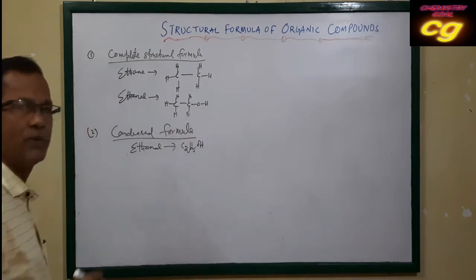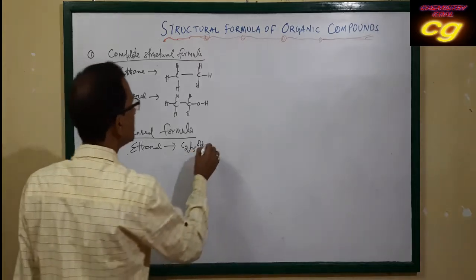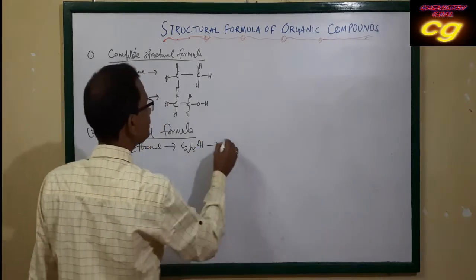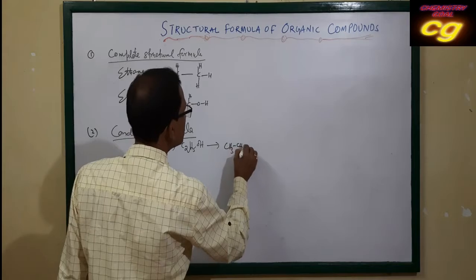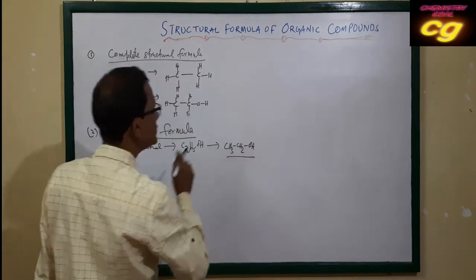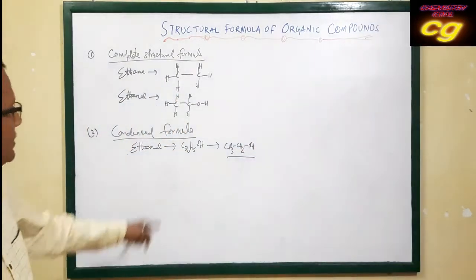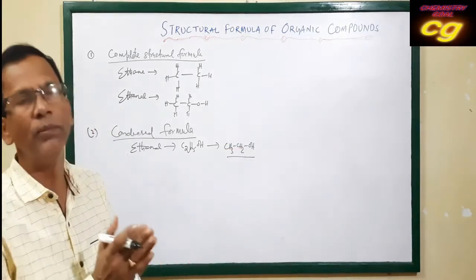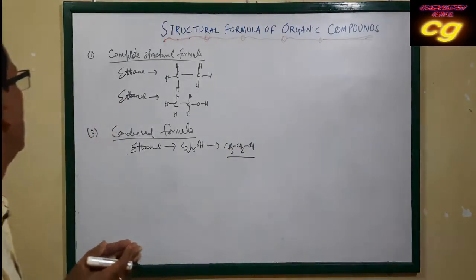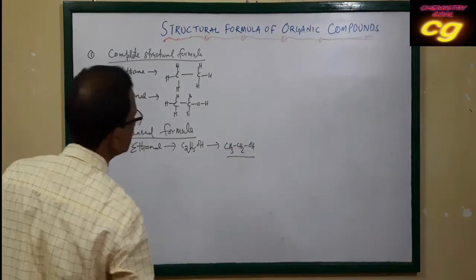This is the condensed formula. Or it can be written as CH3CH2OH. This is also a condensed formula, and condensed means you have to write the molecule combinedly.